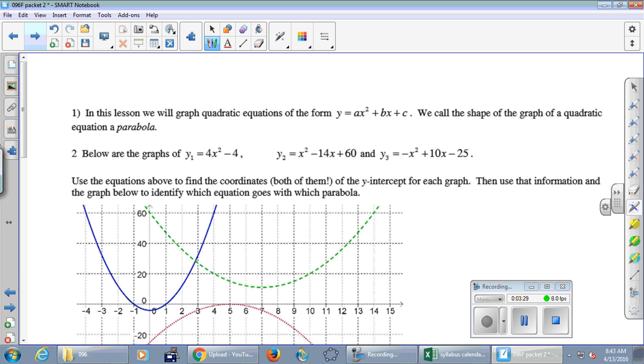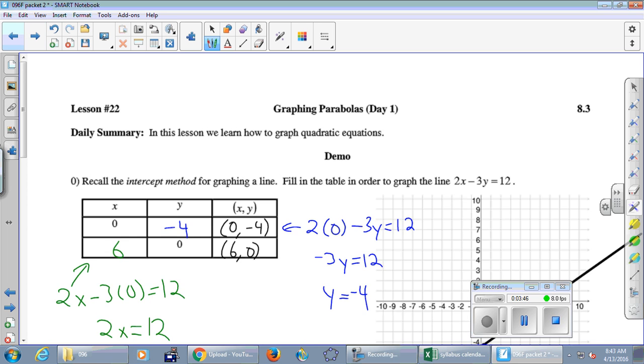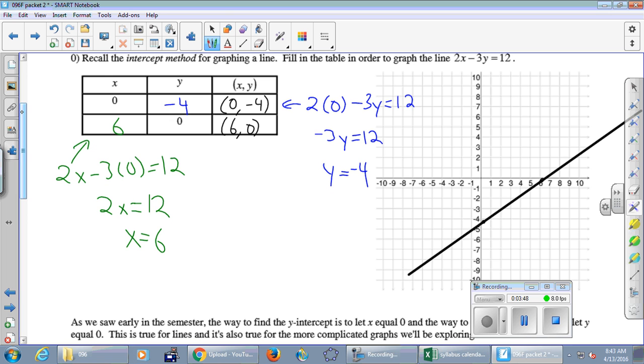Okay, so in this lesson, we'll graph quadratic equations of the form y equals ax squared plus bx plus c. Remember, a, b, and c are just numbers. Jeff? Negative 6, 0. I'm not sure what you're asking.